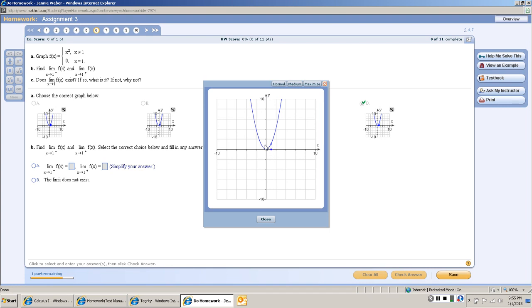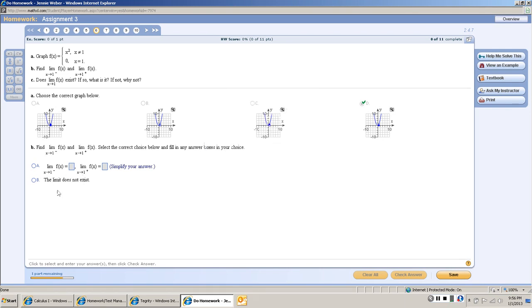So you can see this is actually right here at 1, and we're never quite going to get there. So both these sides are approaching 1. It doesn't matter that this is down here and that this is empty because remember, the limit never gets there. So both of these are coming in to 1. So here, I'm going to close this, A, and our answers are 1 and 1. Check the answer, and that's the right answer.